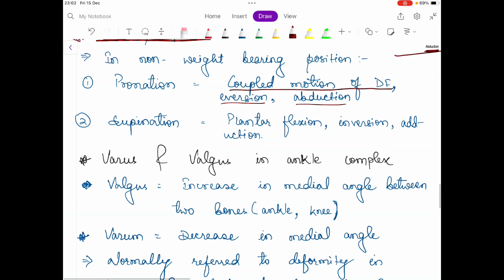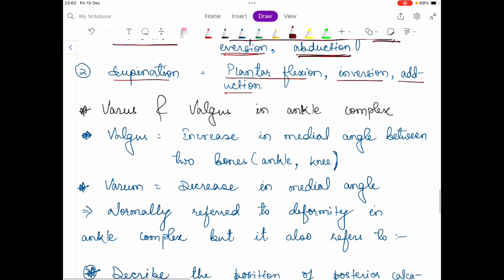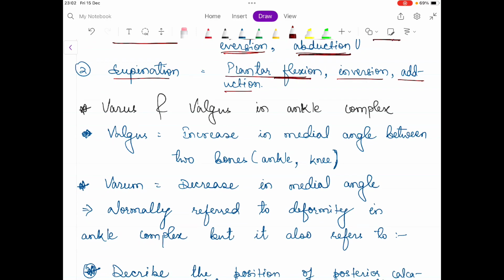Okay, and in a non-weight bearing position, supination means coupled motion of plantar flexion, inversion and adduction. Okay, so it is a coupled motion of more than one kind of motion. Basically, pronation involves dorsiflexion, eversion, abduction, and supination involves plantar flexion, inversion and adduction.